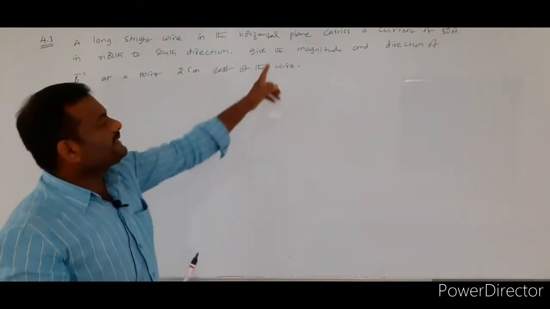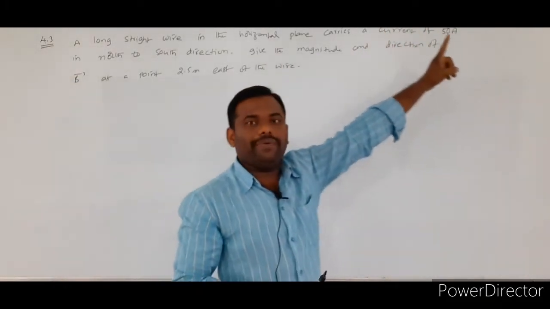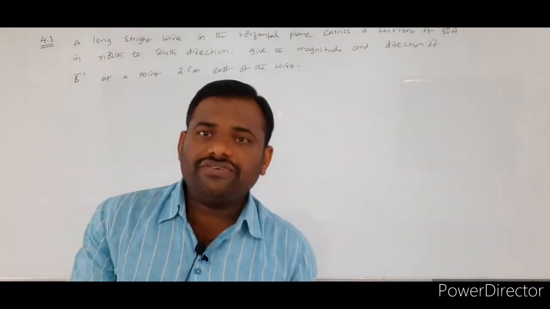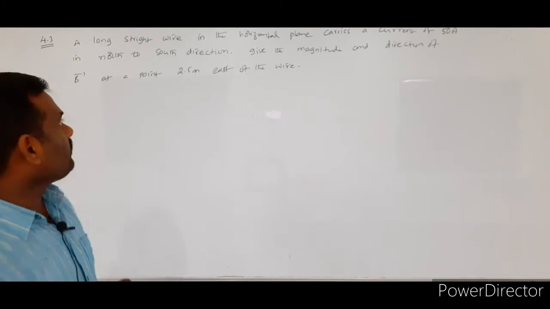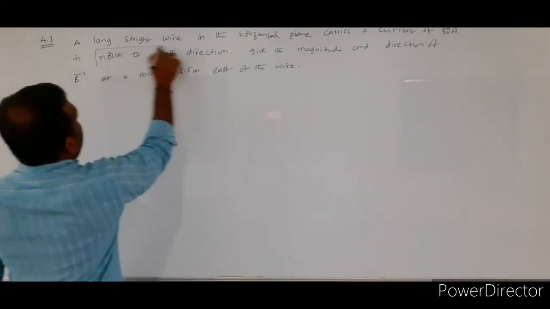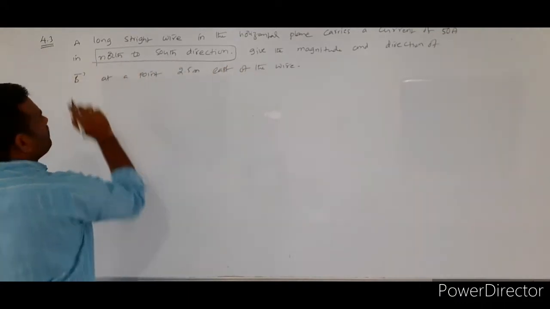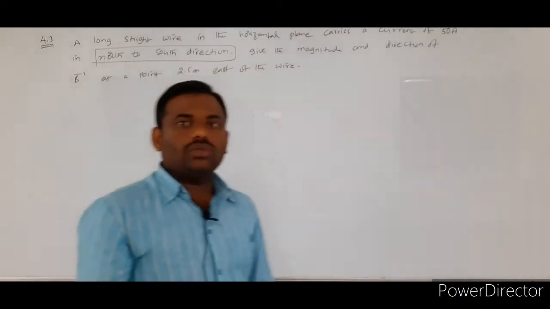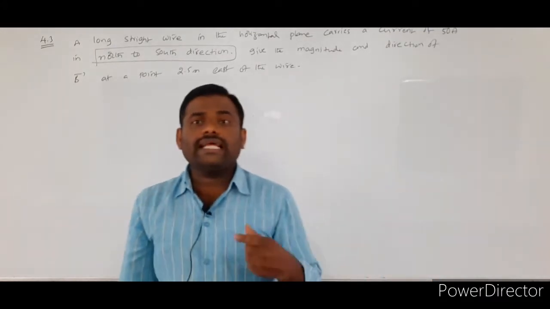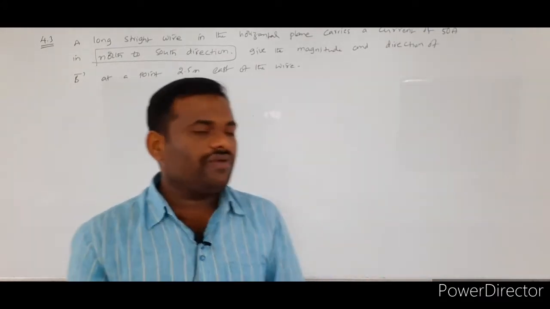Now, that is carrying a current of 50 amperes. How much current is flowing through that given conducting wire? 50 ampere of current will be flowing through that wire, and they mentioned the direction here. The direction of flow of the current is from where to where? North to south direction. So here they specify the direction of the flow of the current. So from where to where?